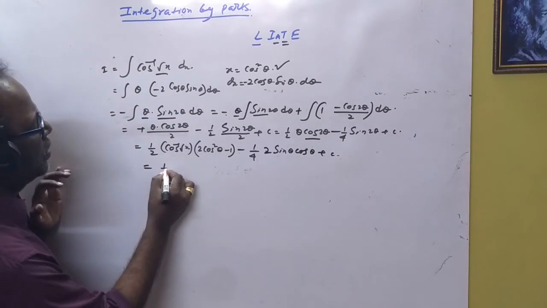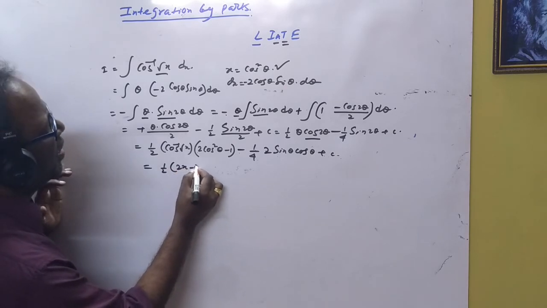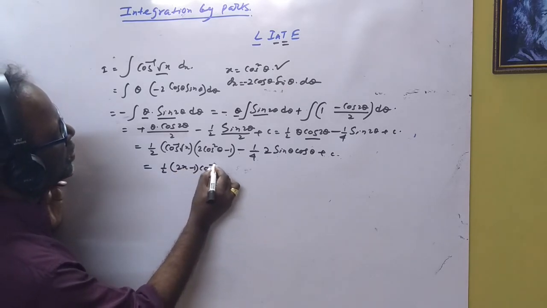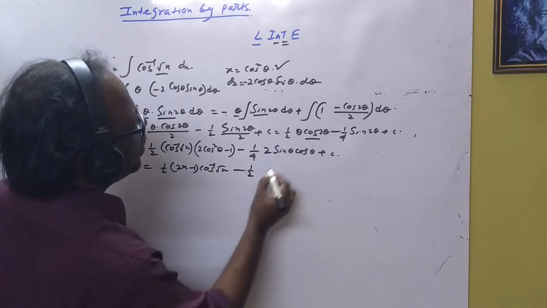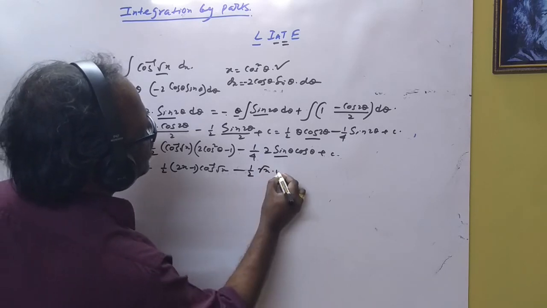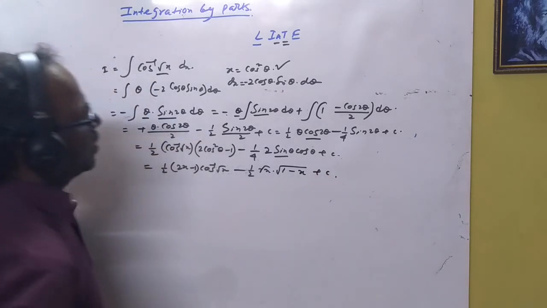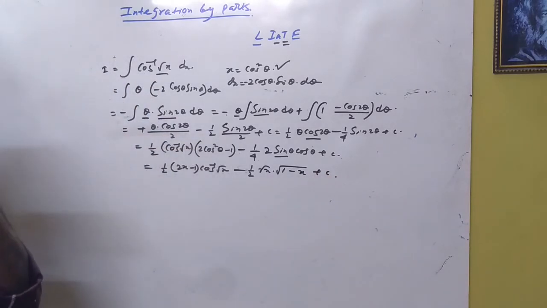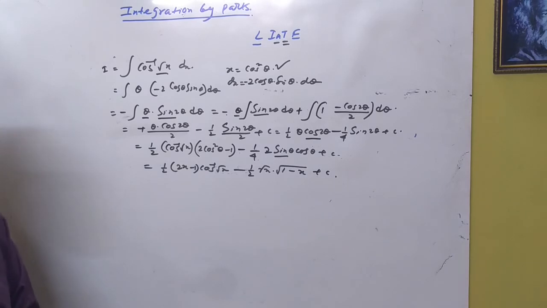Now this is half into 2x minus 1 and cos inverse root x, and this is 1 by 2 sin theta cos theta. Cos theta means root x, sin theta means root over 1 minus cos square, that is root over 1 minus x, plus c. Okay, this is another form of the integral of cos inverse root x.